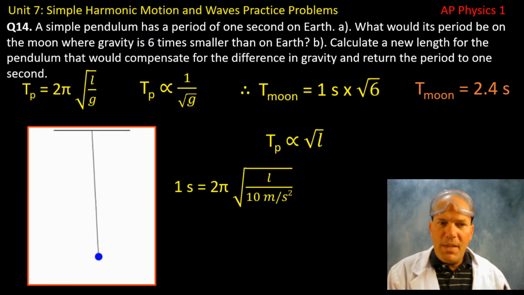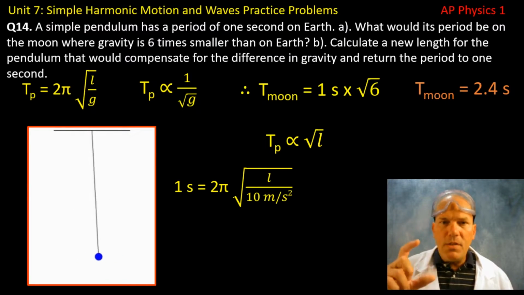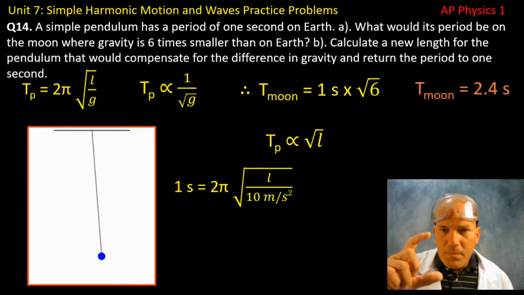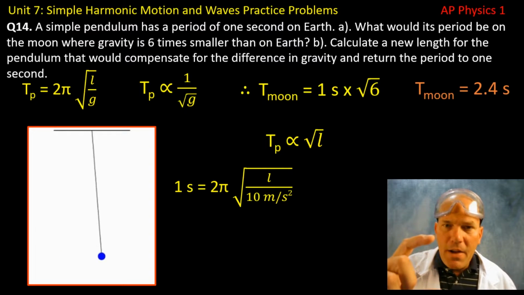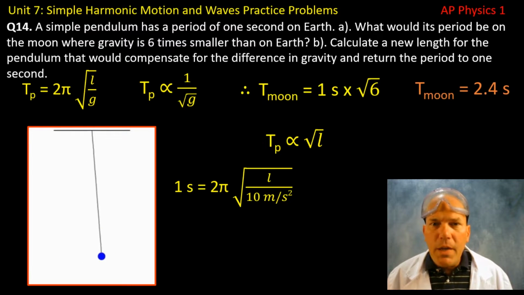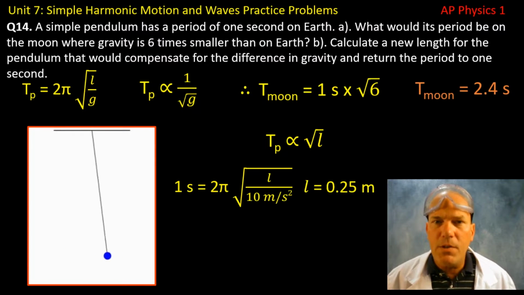Remember, in the beginning of this problem, we had 3 pendulums. Recall that the pendulum with the smaller length had a shorter period and a higher frequency. Let's go ahead and calculate the length of this pendulum on planet Earth. That is equal to 0.25 meters.